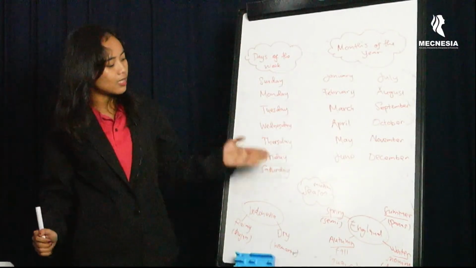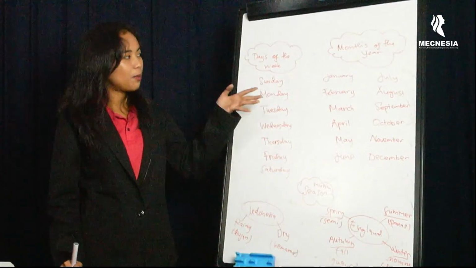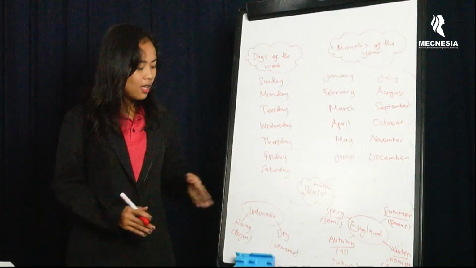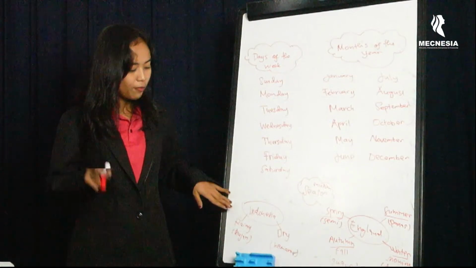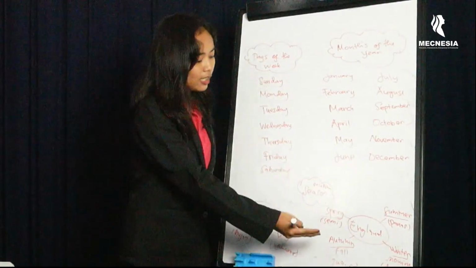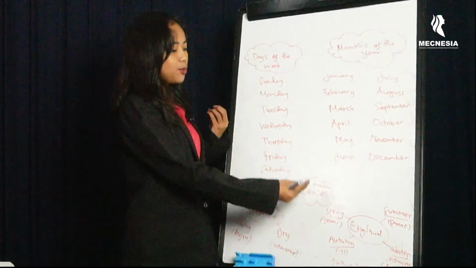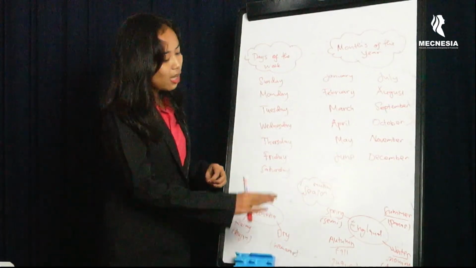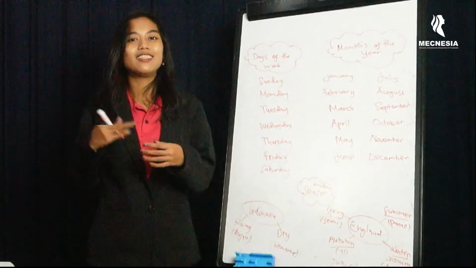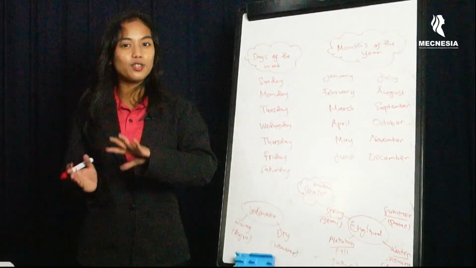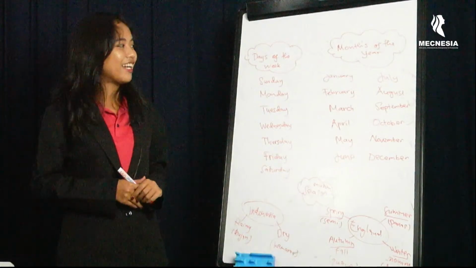So we have discussed season, days, and month. For season, season is musim in Indonesia. In Indonesia, we have 2 seasons, rainy and dry season. And next, in England, we have 4 seasons, spring or semi, summer or panas, autumn or fall, it is musim gugur. Next, winter or snowing means musim dingin.